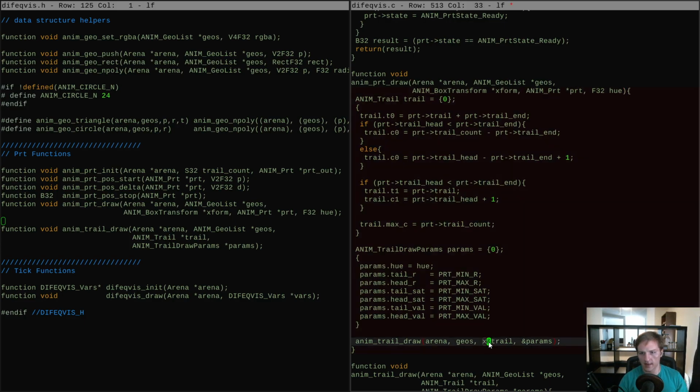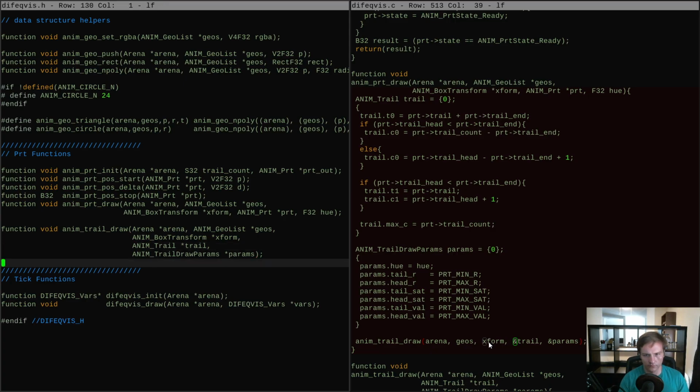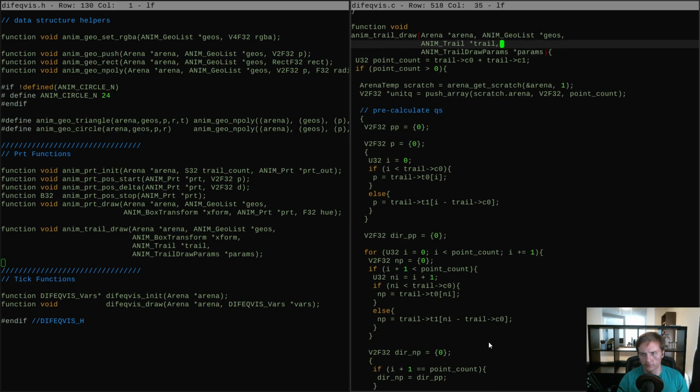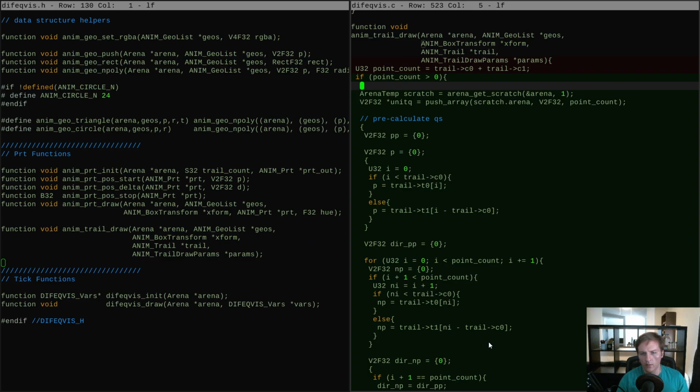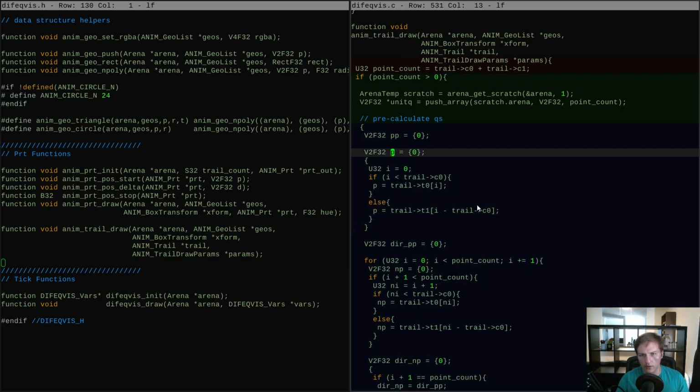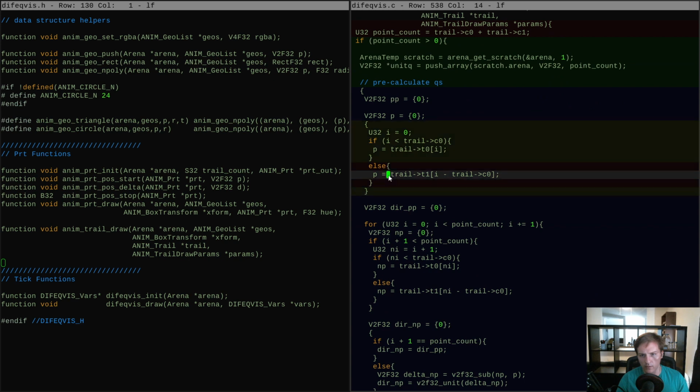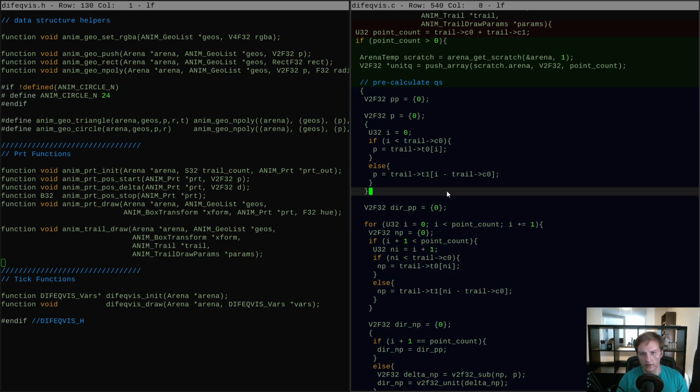And I'll just pass that along to the trail draw. And then what happens is whenever I go through here, after I get a p-value by reading it off of the trail, I'm assuming that these are in source now. So T0 and T1 are in source.